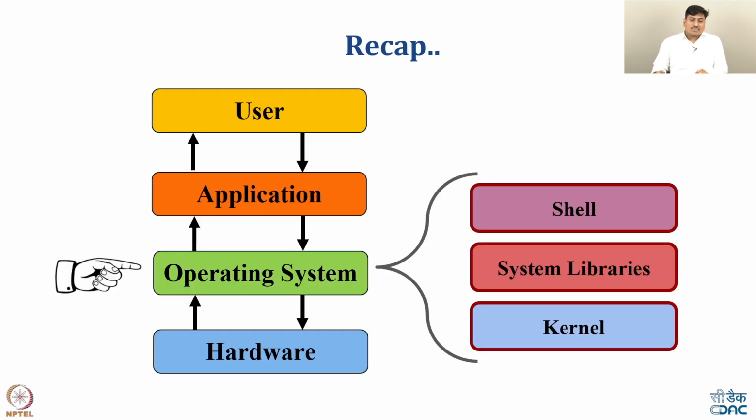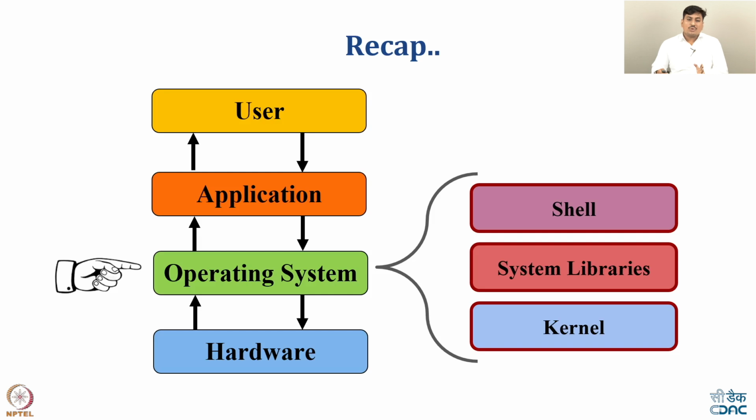So, let us start. In the last session, we saw, from the user perspective, how the application runs on a particular device or system. That application goes through the operating system to the hardware, and the hardware processes that program and gives the result back to the user, right.